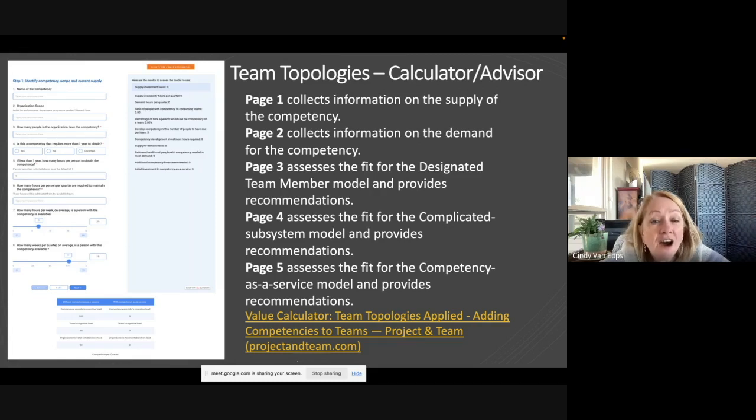It has 5 different pages. I'm showing you a screenshot of just the first page, right? Identify the competency, the scope, and the current supply. Then we talk about the demand. We talk about the fit for designated team member model. And it walks you through, for your situation, the analysis using the parameters that I mentioned here.